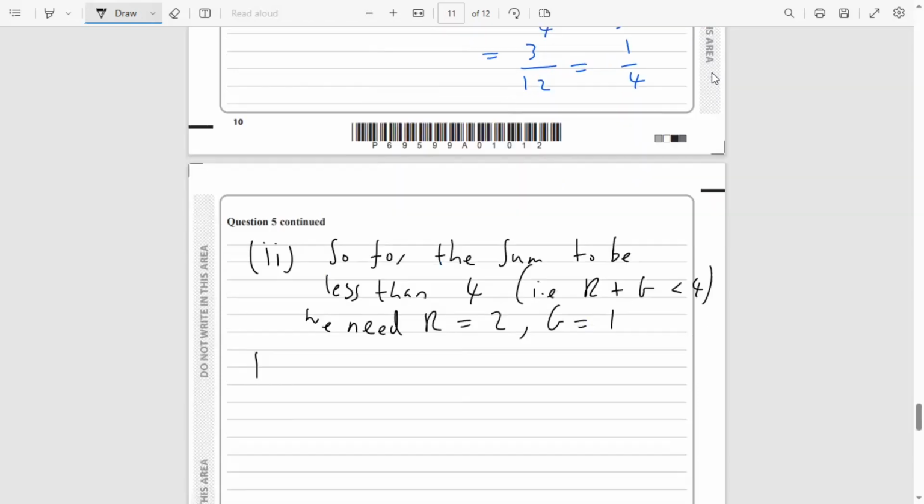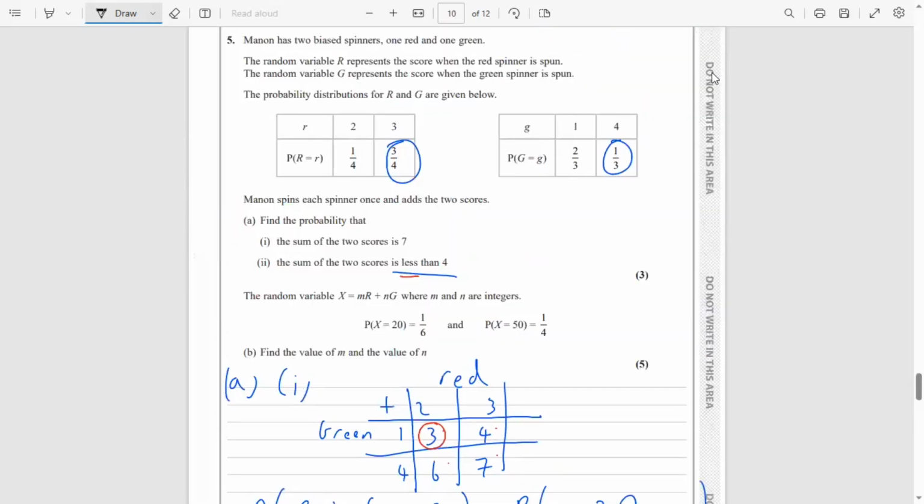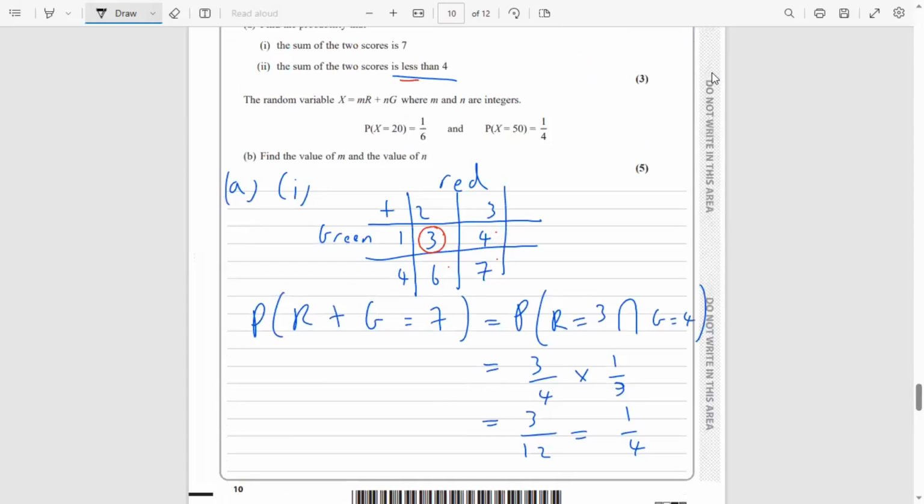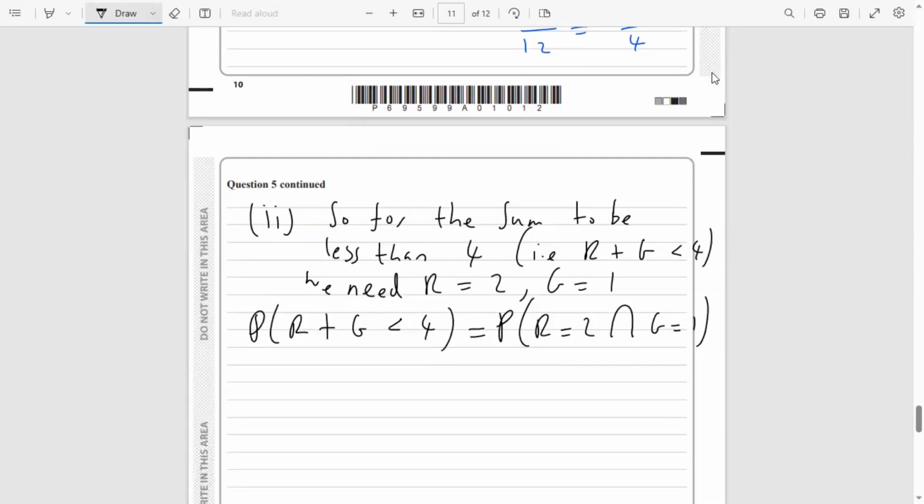Okay, so the probability that R plus G is less than 4 is exactly the same as the probability that R is equal to 2 and green is equal to 1, as we can see from our table in blue there.